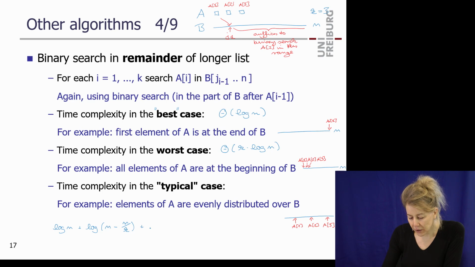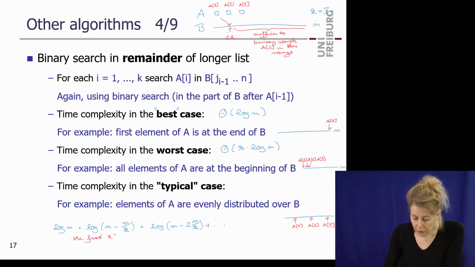And the third one is log of n minus 2 times n over k, something like this.